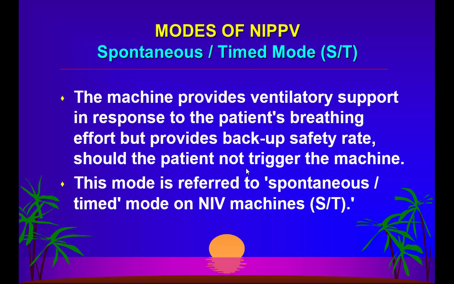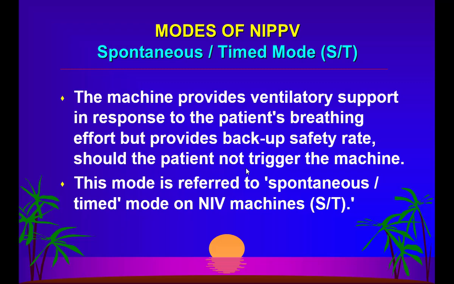Whereas in NIV, the IPAP swings from the baseline and also the EPAP swings over the baseline. So if you set an IPAP of 10 and an EPAP of 6, then the pressure support would be only 4. Your high pressure would not exceed the IPAP. That is something different in non-invasive ventilation compared to invasive ventilation, and you have to remember this.